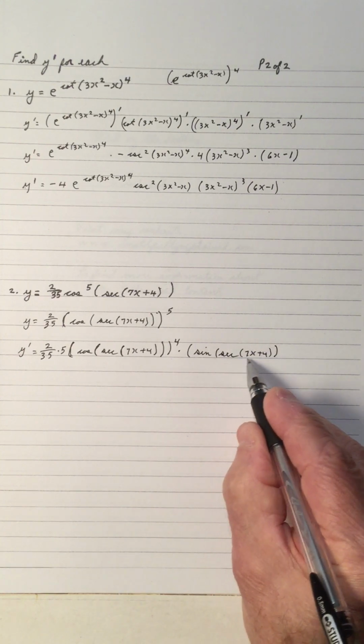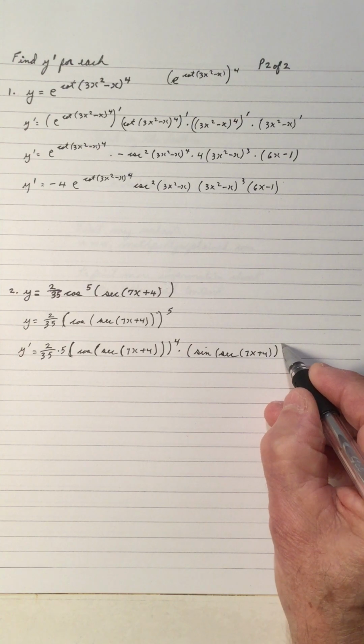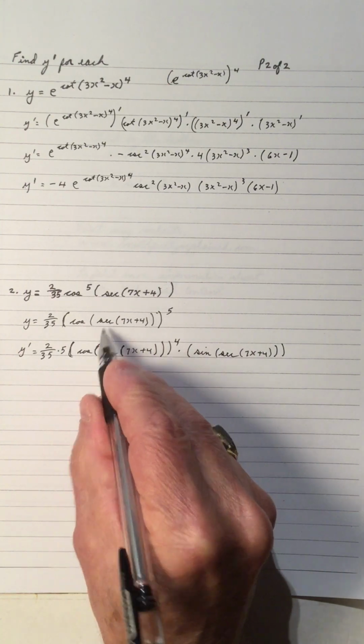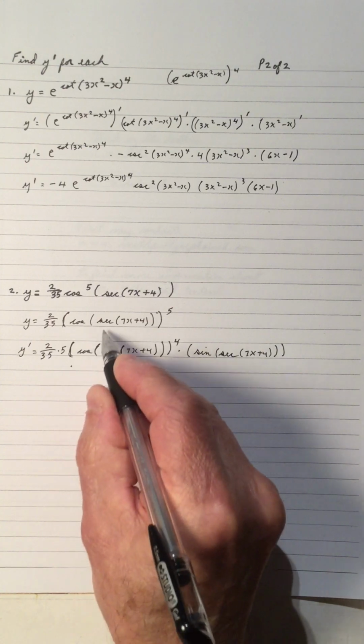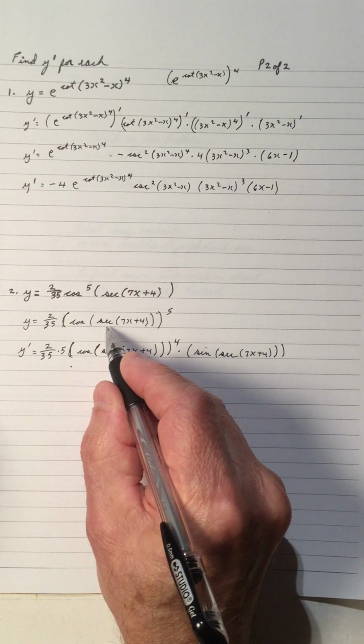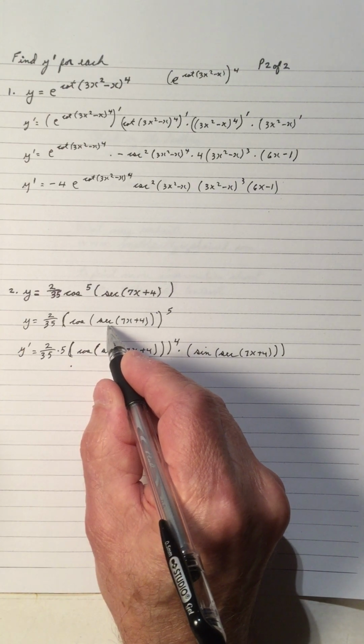There it is. These two. So there's the derivative of the cos. Now I have to do the derivative of the secant. So the derivative of secant is tan secant.